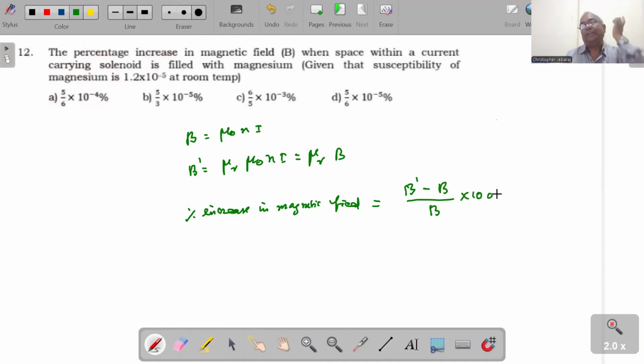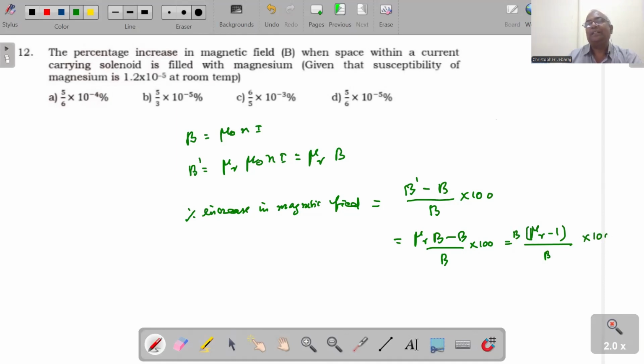Now B1 is mu r into B, so mu r B minus B by B into 100. Clear? We can take B common: mu r minus 1 times B by B into 100. B and B cancel. So we get mu r minus 1 into 100.